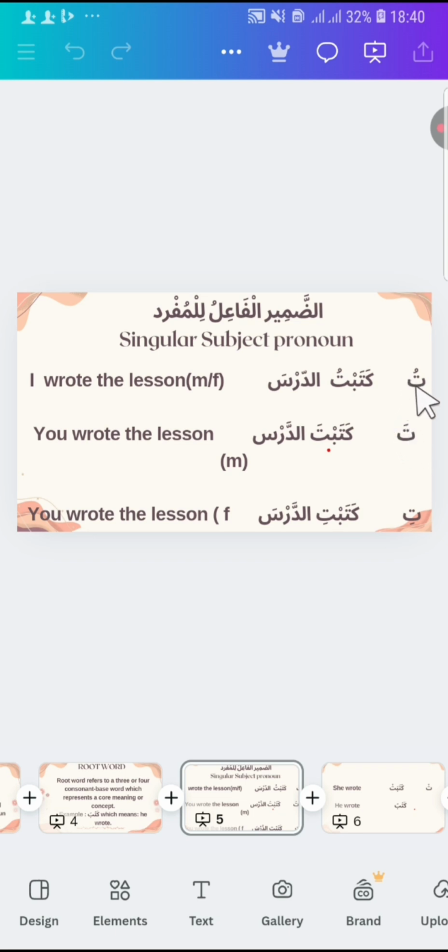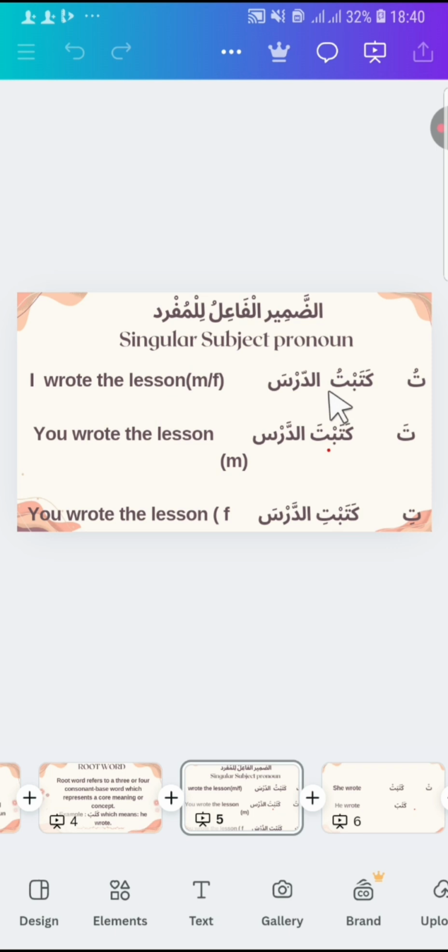For example, if I am Abdul Ghaffar, I will say katabtu darsa, I wrote the lesson. If I were Fatima too, I would also say katabtu darsa, I wrote the lesson.